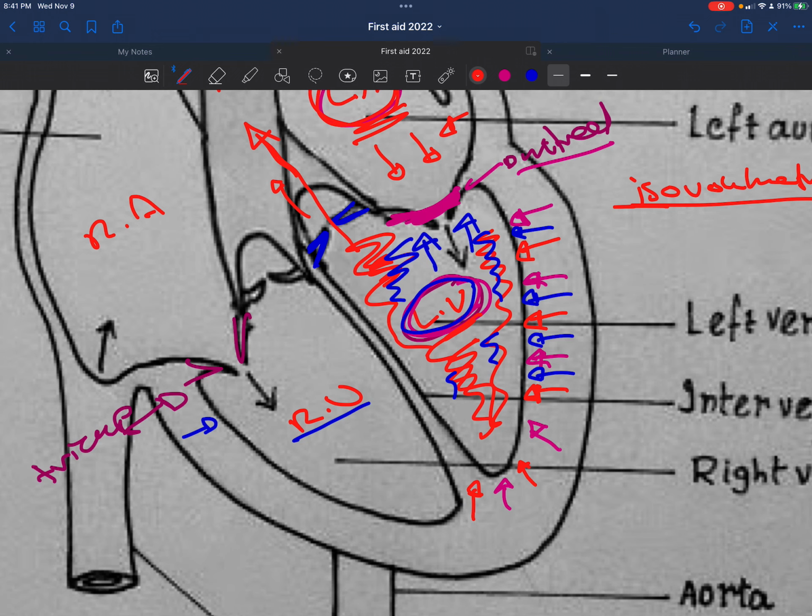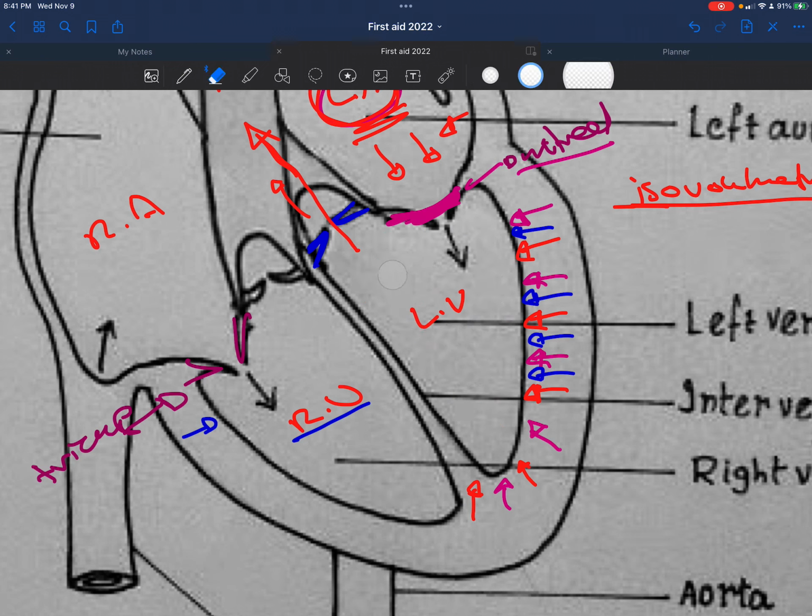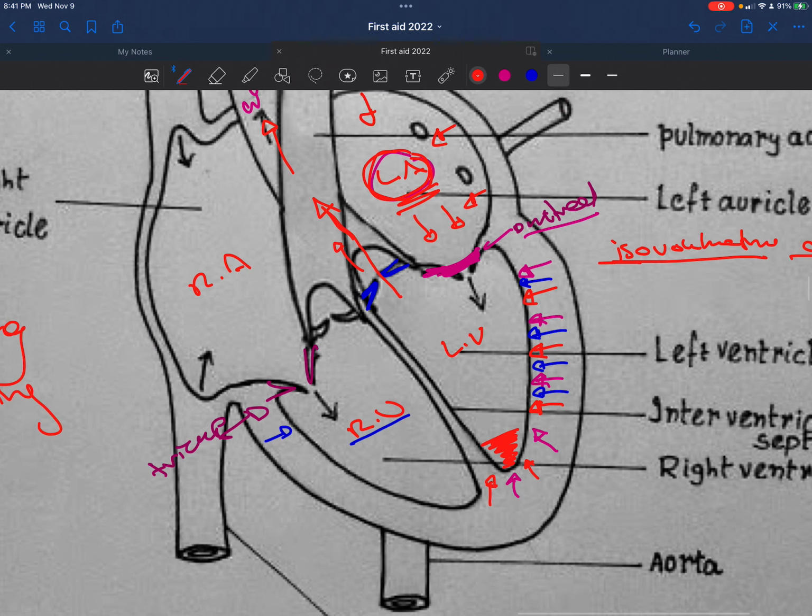So there should be a small amount of blood left in the left ventricle even after it empties its content, even after it has emptied all of its contents into the aorta.